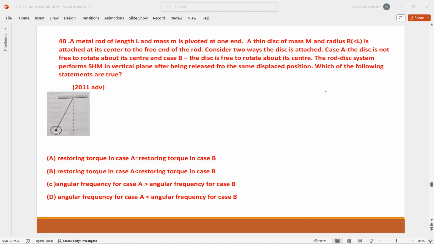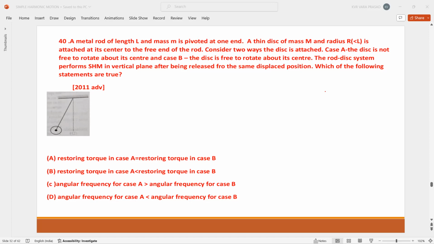A metal rod of length L and mass M is pivoted at one end. A thin disc of mass m and radius R is attached at its center to the free end of the rod. Consider two ways the disc is attached.